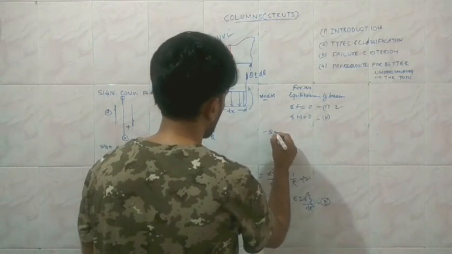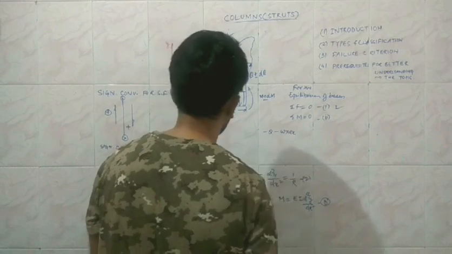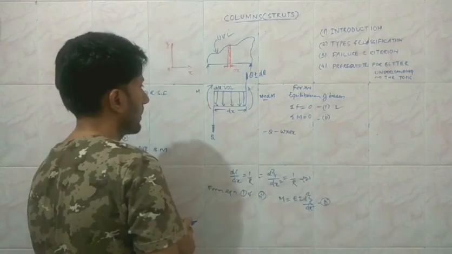Because it is also acting in the downward direction, the sign is going to be minus W into dx, the total load because of the UDL.